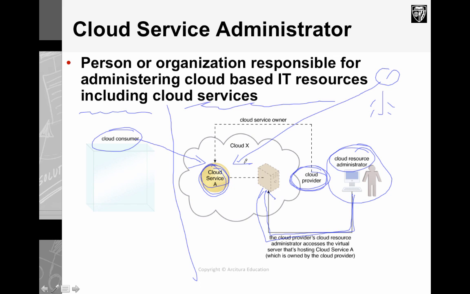The point I'm trying to make is, if you become a cloud professional and you become a cloud service administrator, you could work for an organization that is a cloud consumer, but you could also work within cloud providers to launch cloud services within the cloud provider. That's a case of you working for Amazon Web Services or Google Cloud Platform versus working for a company like AT&T that might be a cloud consumer.